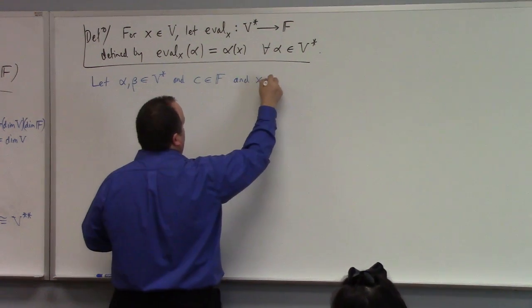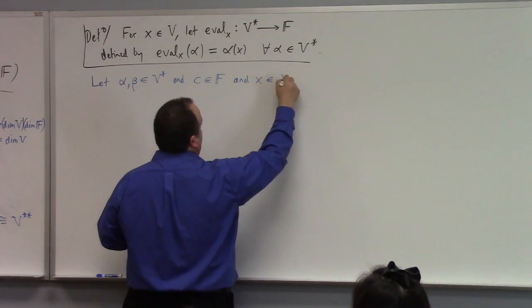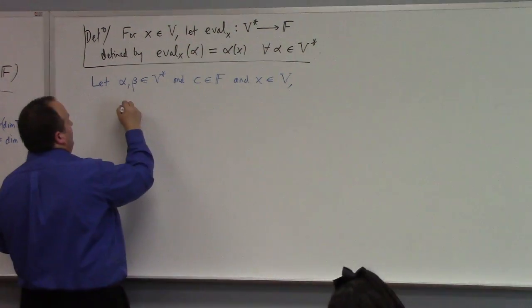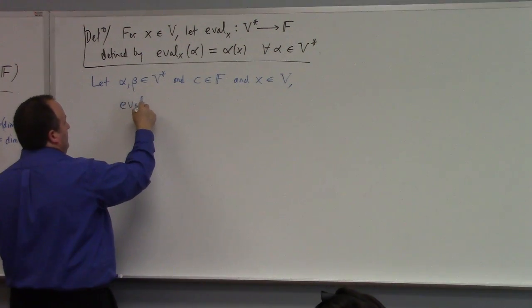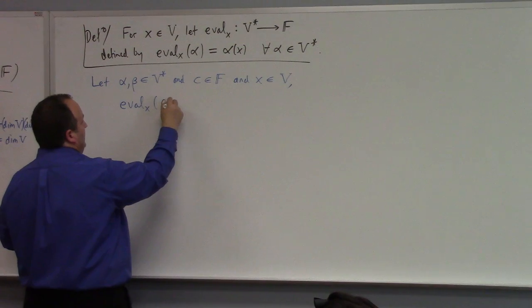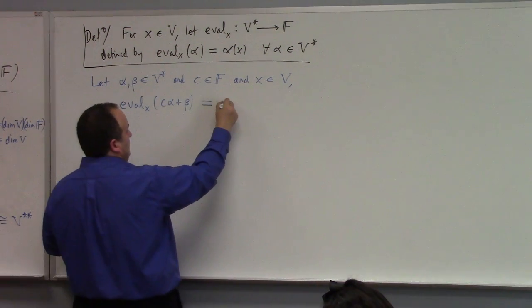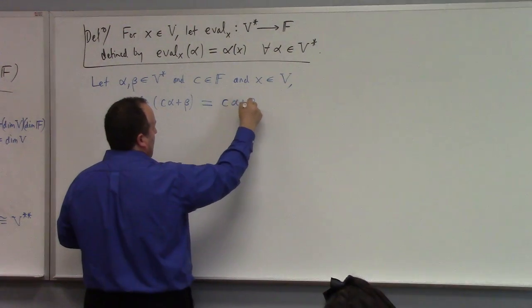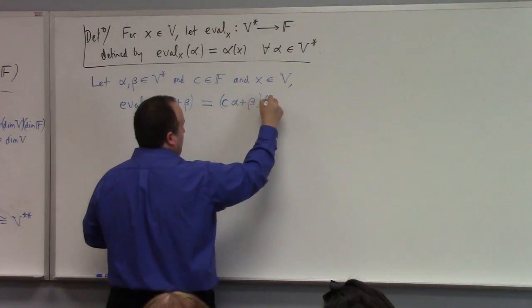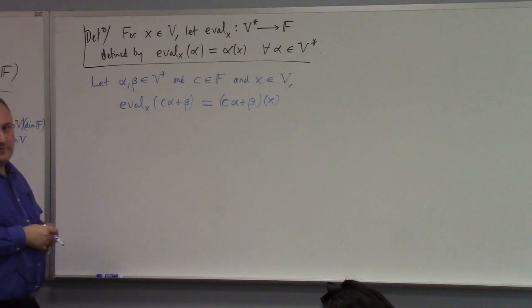And we'll pick x to be a particular vector. If we calculate eval x of C alpha plus beta, by definition, that's C alpha plus beta evaluated at x. We just plug it in.